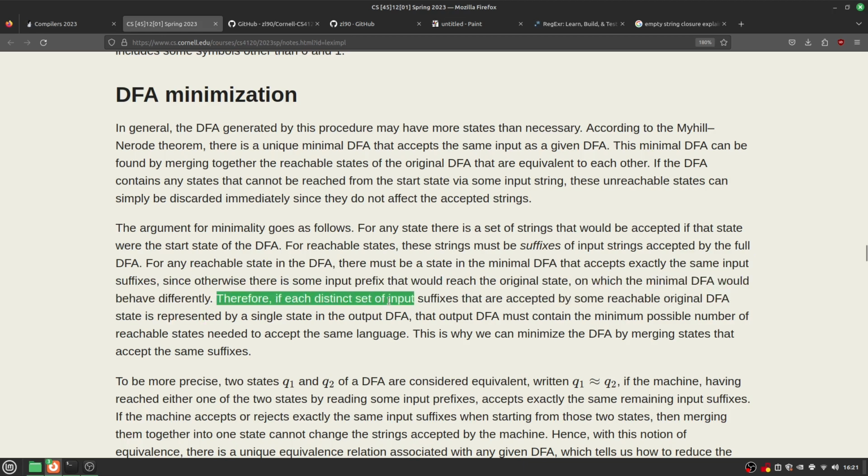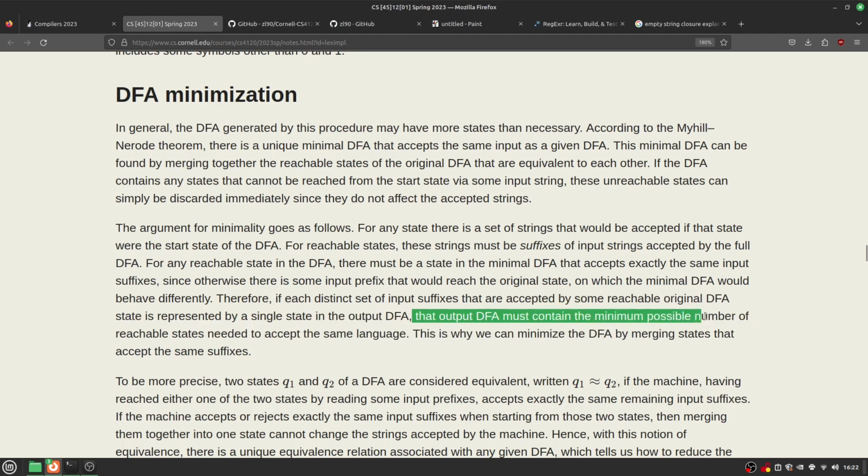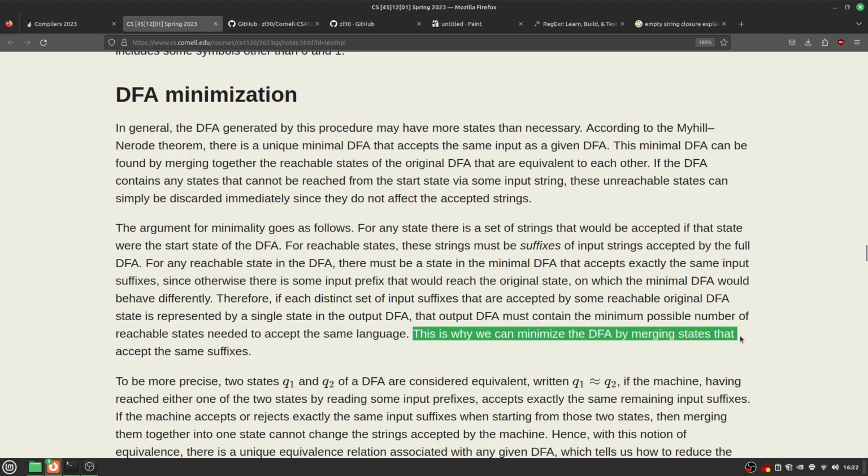Therefore, if each distinct set of input suffixes that are accepted by some reachable original DFA state is represented by a single state in the output DFA, that output DFA must contain the minimum possible number of reachable states needed to accept the same language. This is why we can minimize the DFA by merging states that accept the same suffixes.